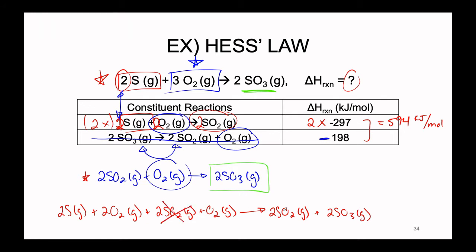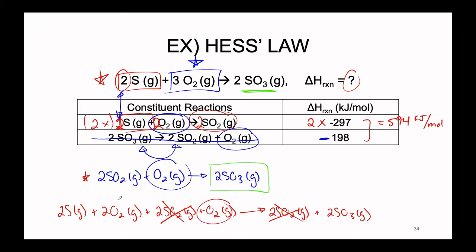So both of these SO2s are going to disappear. If it's present on the left and the right, what this symbolically means is that it is not technically involved in the overall chemical reaction, so we can get rid of it. It may actually physically be involved in the chemical reaction, but for the sake of energy, it doesn't matter. Just like spectator ions in the net ionic equation. Again, I'm gonna use that as the parallel.